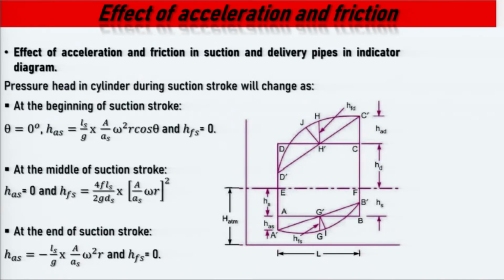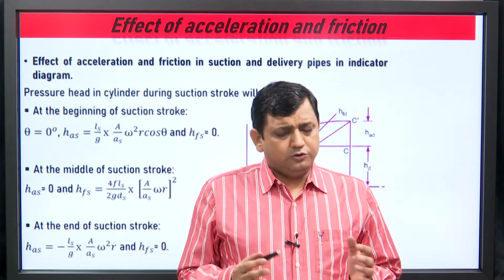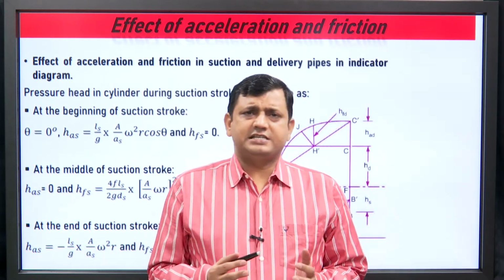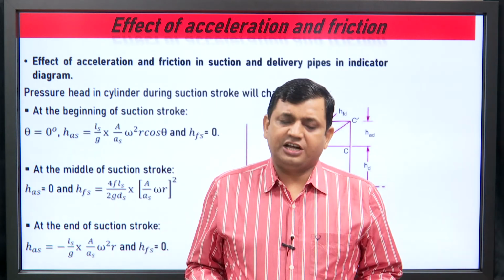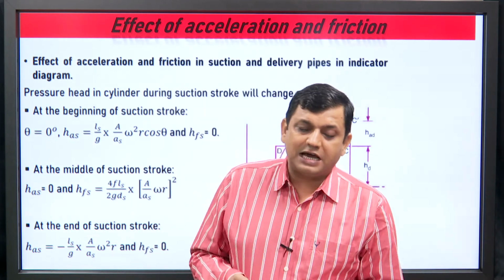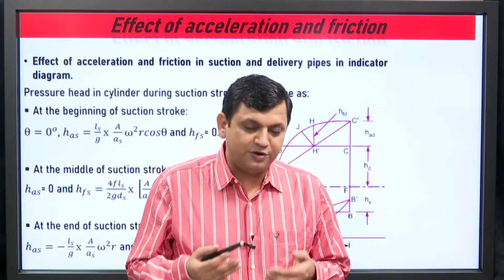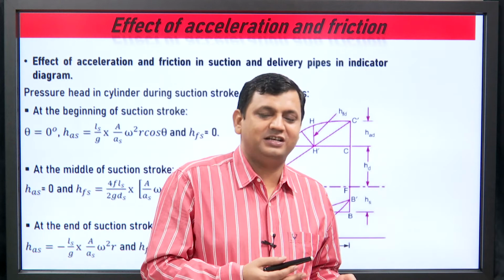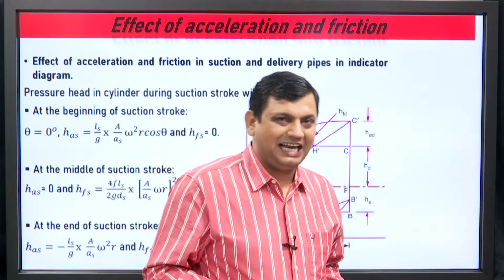What is the combined effect of acceleration and friction in both the suction and delivery pipes, in the indicator diagram? Our objective is to calculate the effect of acceleration and friction in suction and delivery pipes in the indicator diagram.